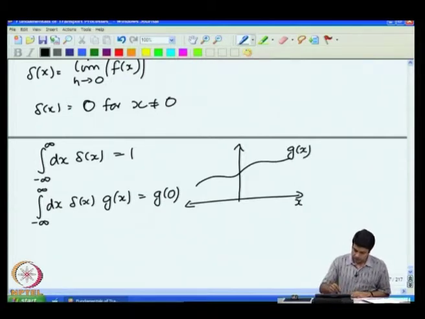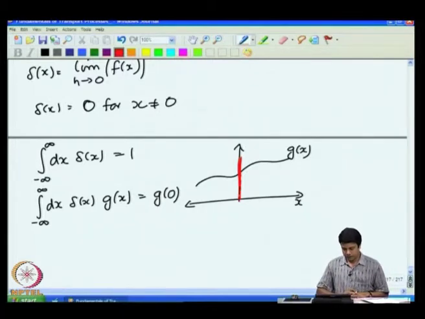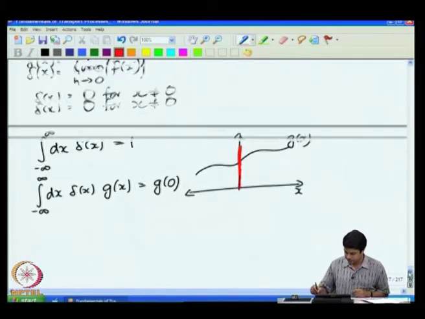The delta function is non-zero only at the origin. So, this is the delta function. Everywhere else apart from x is equal to 0, g of x is being multiplied by 0. So, it is identically equal to 0. Only exactly at the origin is g of x non-zero, and delta of x non-zero. So, only at the origin is g of x being multiplied by a non-zero number. Therefore, this result is non-zero only at x is equal to 0.